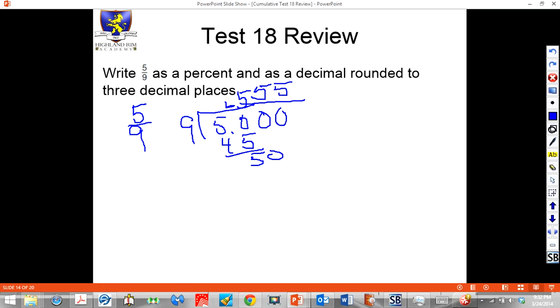As a decimal, it's going to be 0.556, rounded to 3 decimal places. So what's that going to be in percentage? 55.6% would be 56%. You can say it's 55.6%, but that doesn't help you any anyway. So I would say just keep that as 2 significant numbers, and it's 56%.